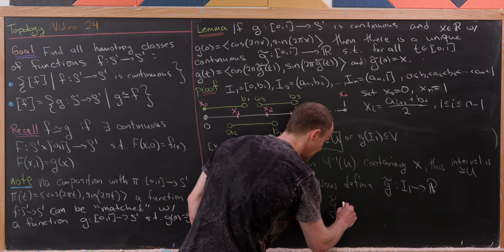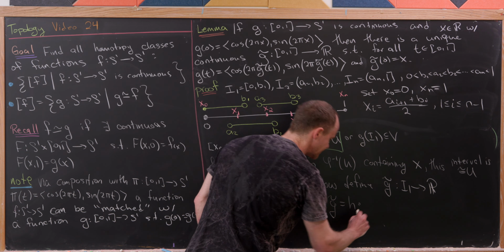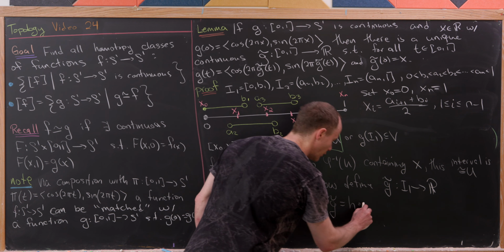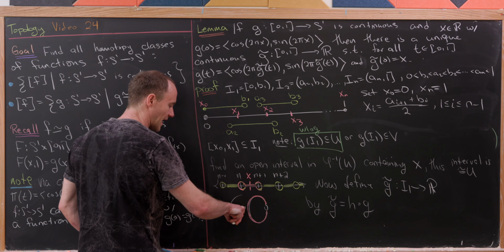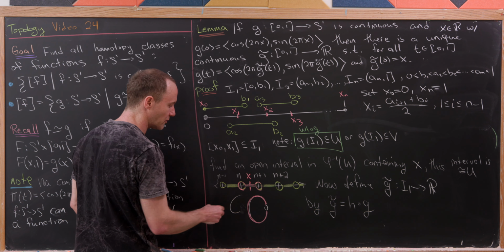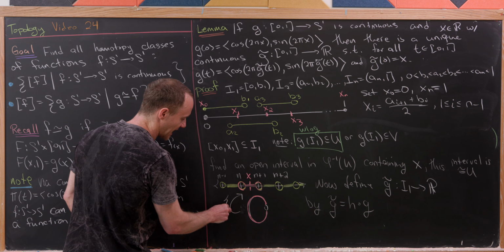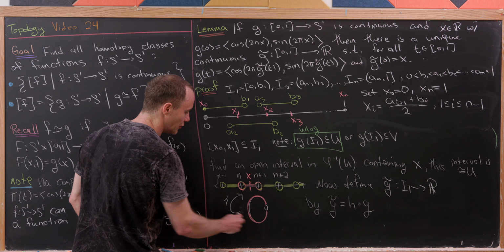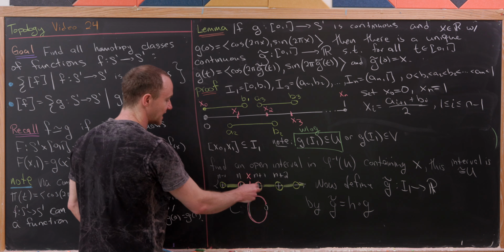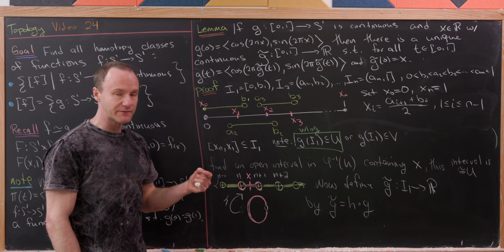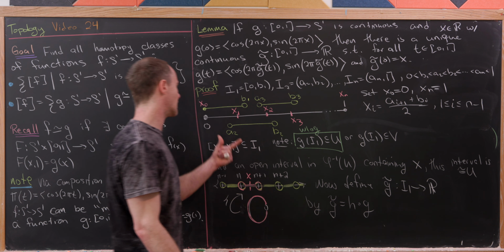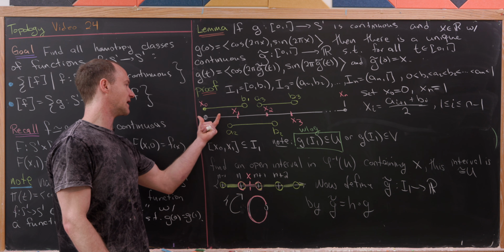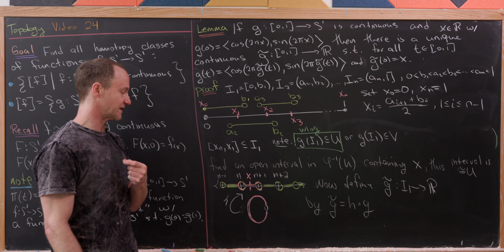G tilde is equal to the composition of H with G. But what's this function H, you might say? Well, it is the homeomorphism that takes this U up into this interval right here. So we're taking something from [0, 1]. In particular, we're taking something from I1, but that's going to be inside of [0, 1], kind of obviously.